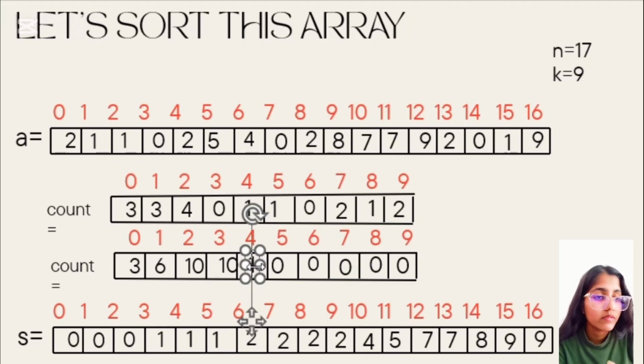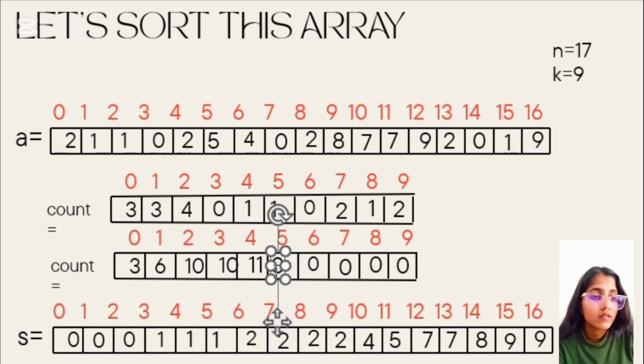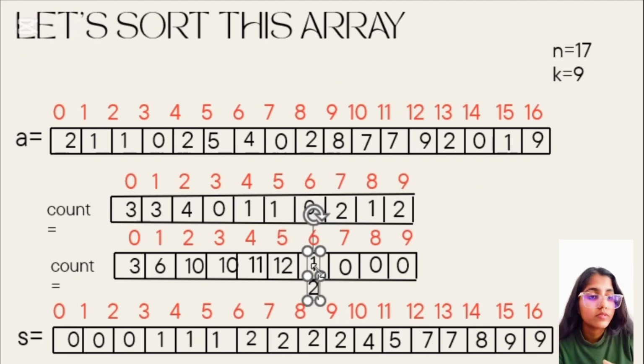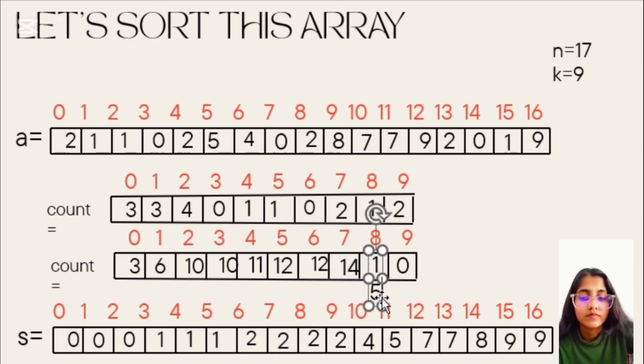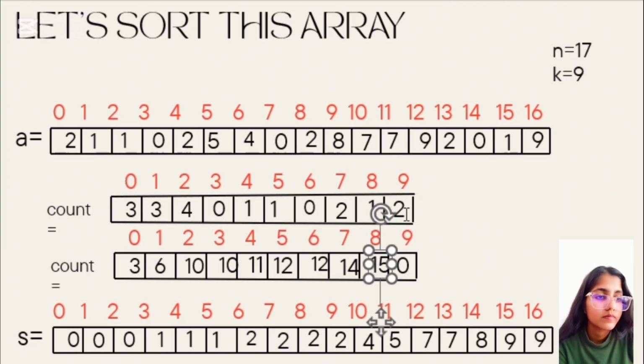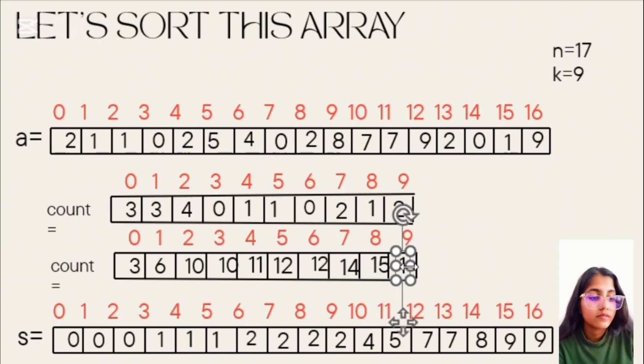Then 10 plus 1 is 11. 11 plus 1 is 12. 12 plus 0 is 12. 12 plus 2 is 14. 14 plus 1 is 15. 15 plus 2 is 17.